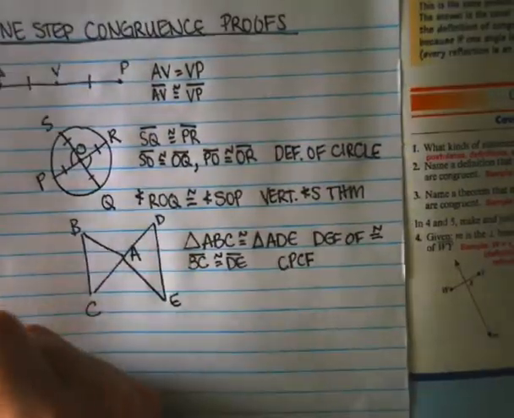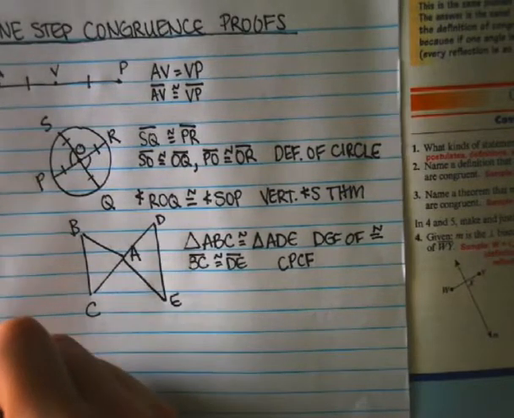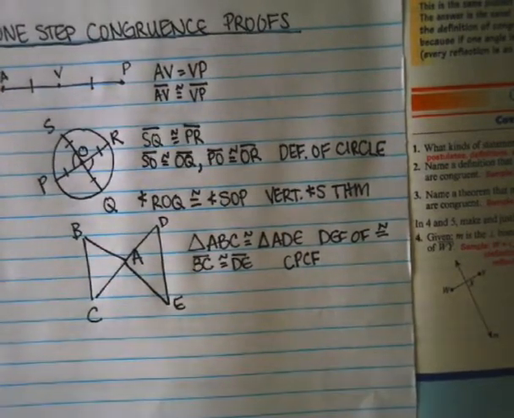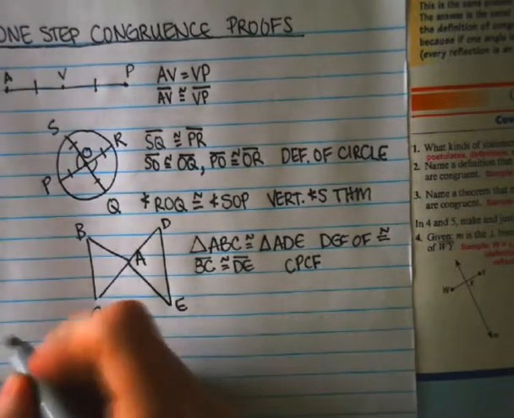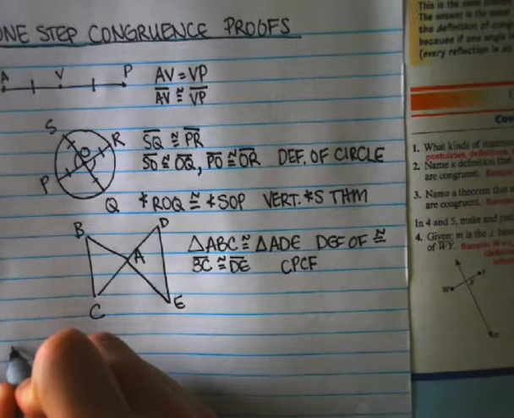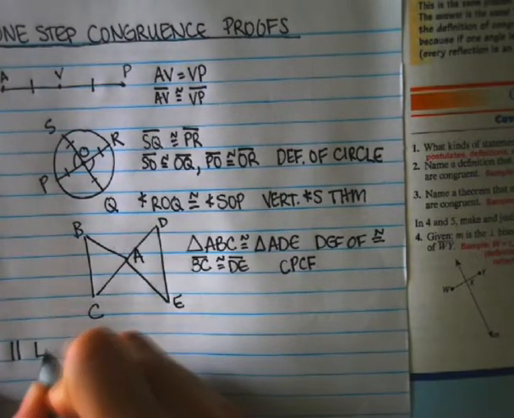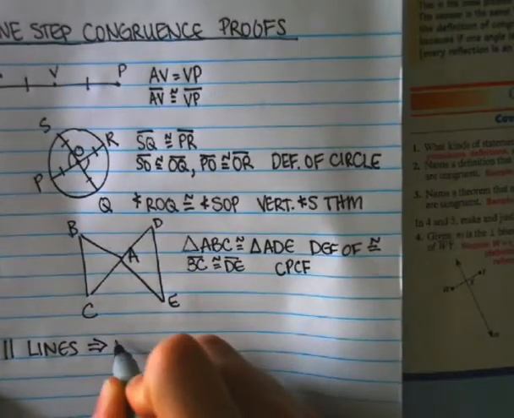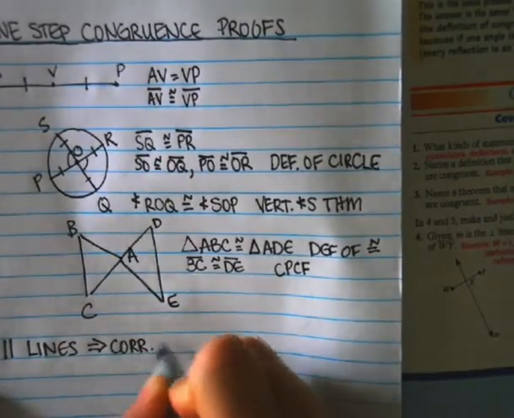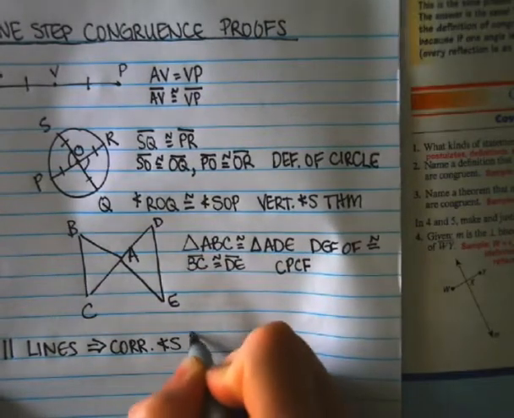What they were trying to really hit home here was to make sure you have the correct order of biconditionals. So whatever is in the given has to be your antecedent. Here we have parallel lines, which then allows us to say that corresponding angles are congruent.